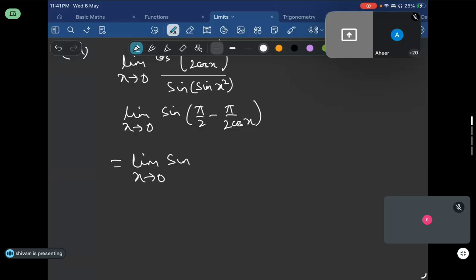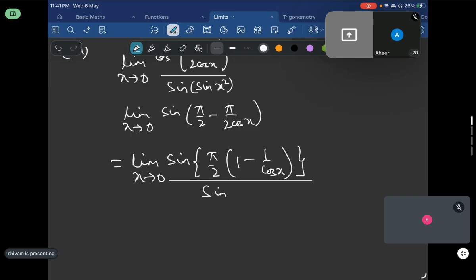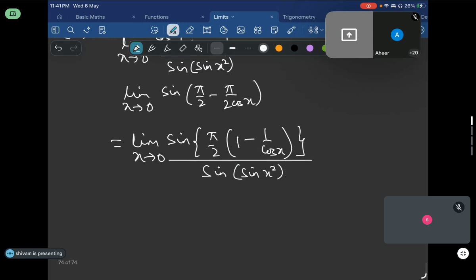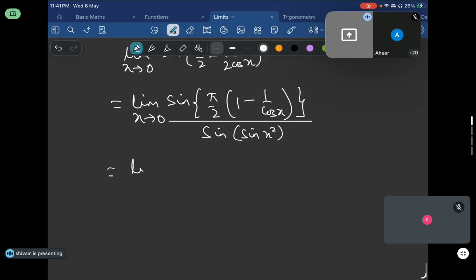Take pi by 2 common inside, you are going to get 1 minus 1 by cos x. Okay, so see, again we are getting 1 minus cos x form, everyone. So let us start. This will become limit x tends to 0, sine of pi by 2 into 1 minus cos x upon cos x.